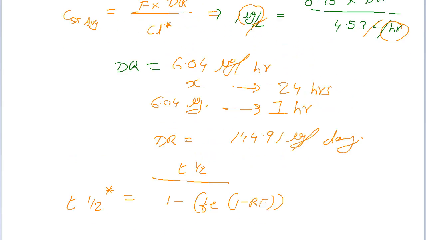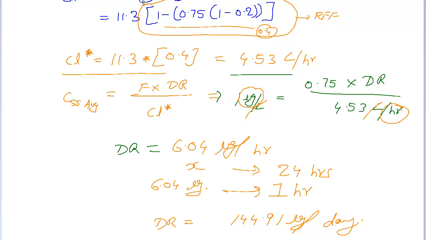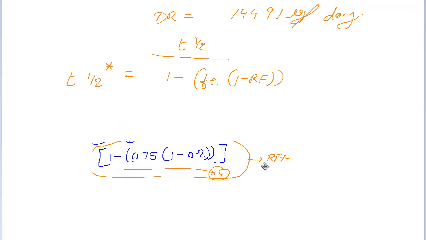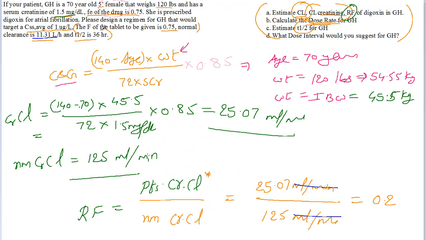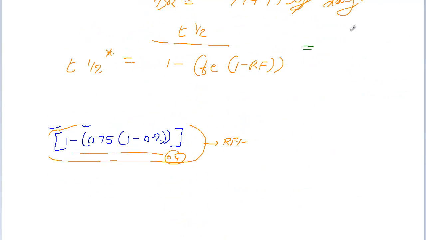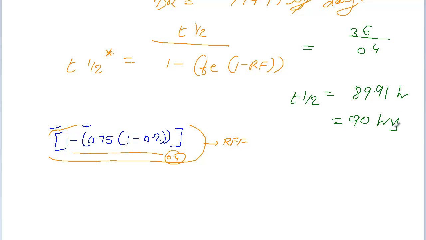This is why we calculated the renal fudge factor earlier. The T half of the normal patient is 36 hours. 36 hours divided by the renal fudge factor, 0.4, gives a T half of the drug in the patient of approximately 89.91 hours. So roughly it's 90 hours.